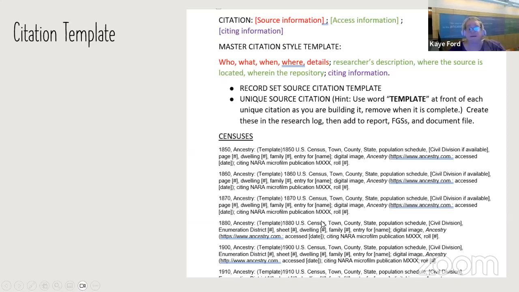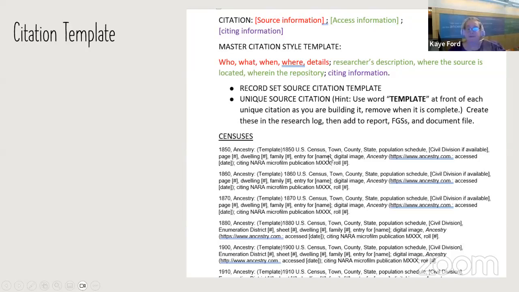And one way to keep your citations consistent is to create a citation template. This is a page from my style template, and you can see I have census right at the beginning because they are used so often. And I've started with the 1850, and it goes through, I think, through 1950.